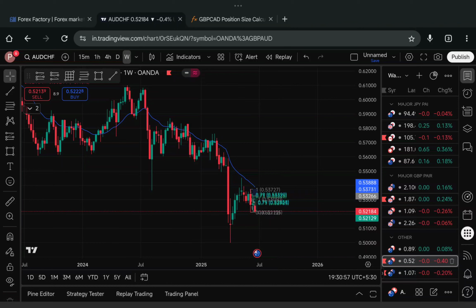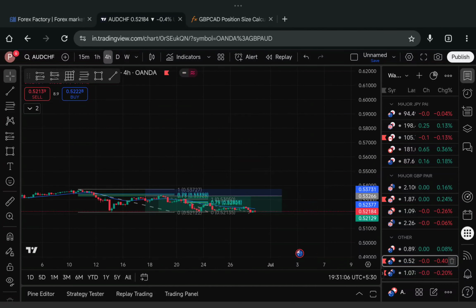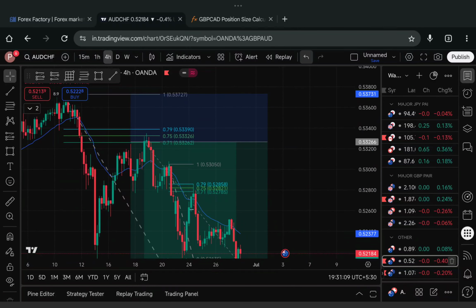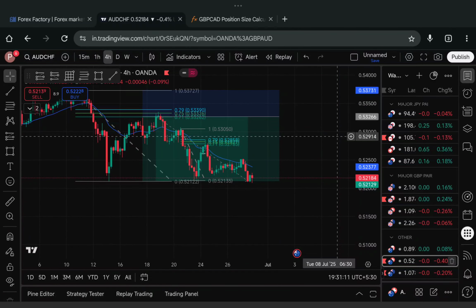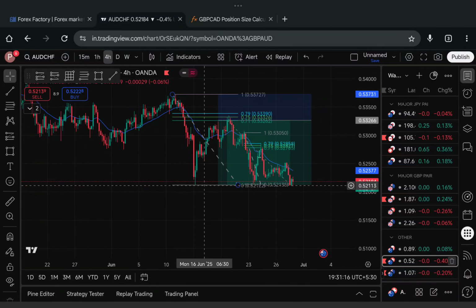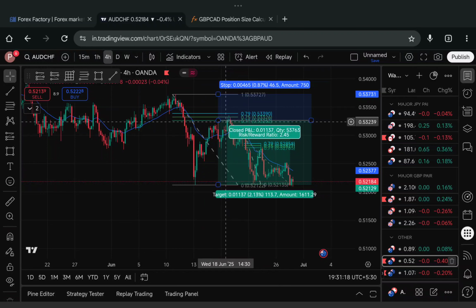Now moving on to AUD CHF at weekly time frame, we can see that price is in a downtrend. After retracement it is going down, and now at the 4-hour time frame I will explain this mess of what I did. First, I got an opportunity here, price made a break of structure, then came back here.